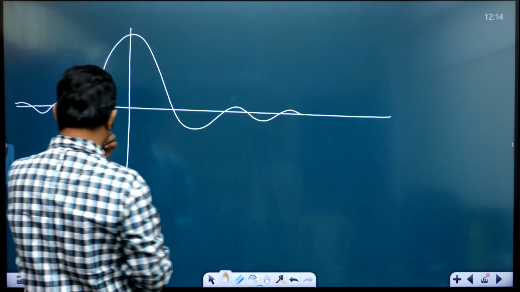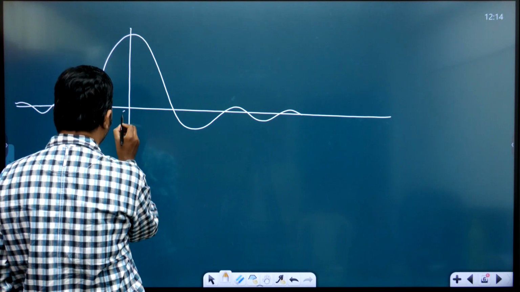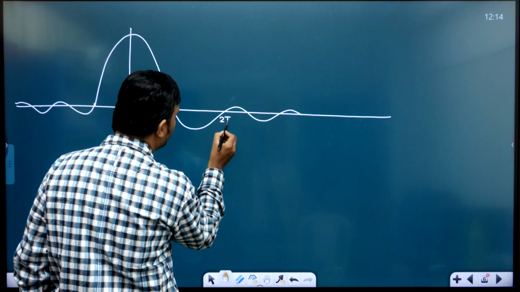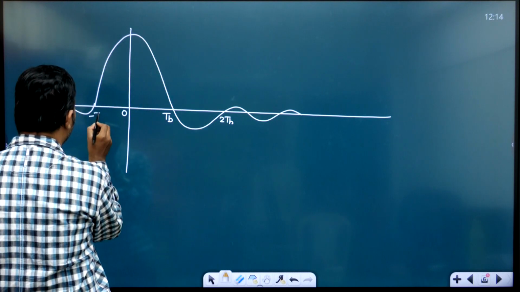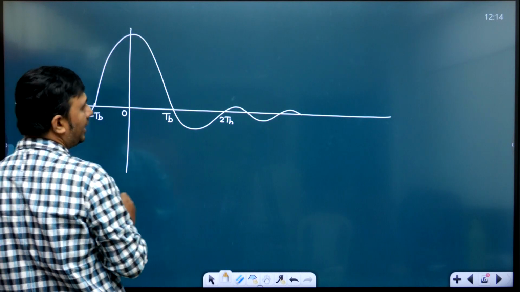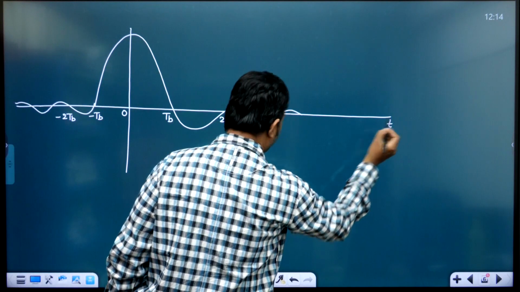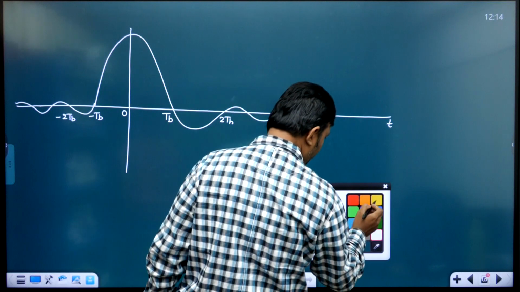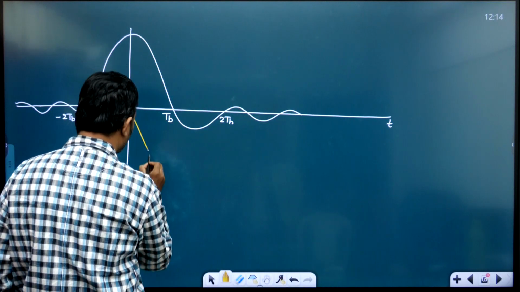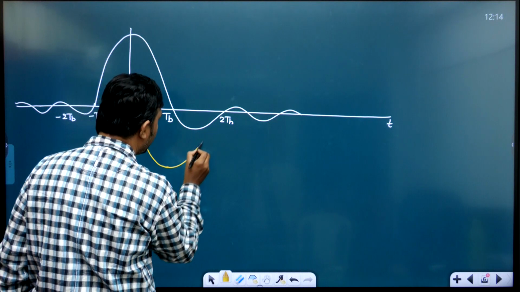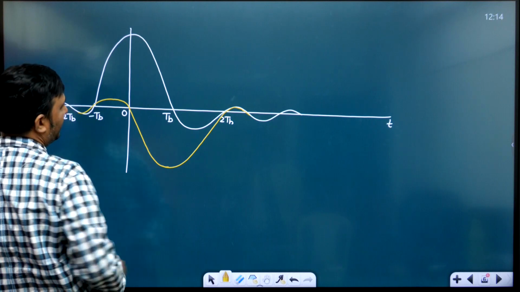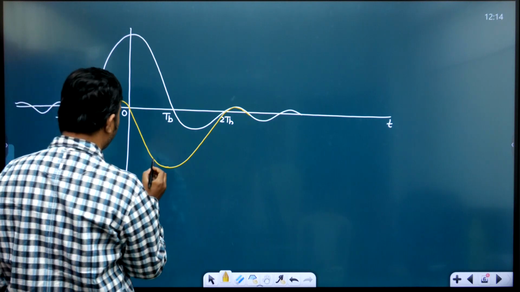This is 0, this is TB, this is 2 TB, this is minus TB, this is minus 2 TB, right? For 0, an inverted sinc pulse like this.